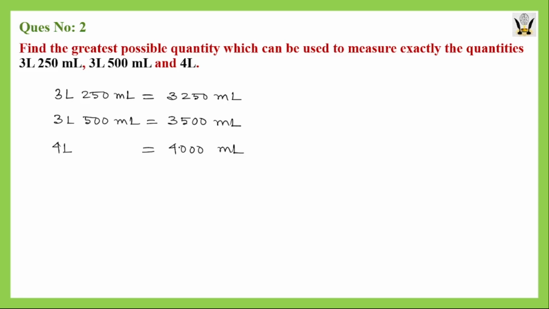So if we divide by that value, then there will be no remainder. Now that value can be anything, so we need to find from all the possible values which will be the greatest possible value. Here the concept is we need to find the greatest common divisor, because we are dividing all these quantities.